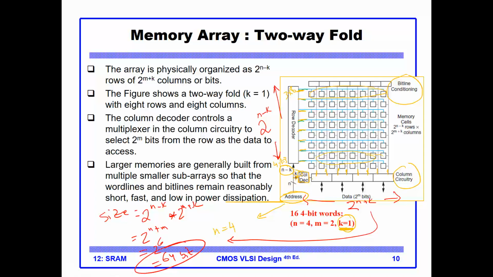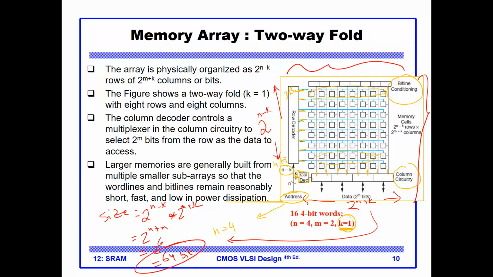What I have just changed is the organization of the array. I need this array to be a square, and this is very desirable in array structure. It is desirable to have a square or close to square structure as opposed to tall and skinny.